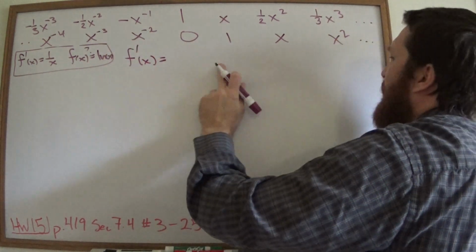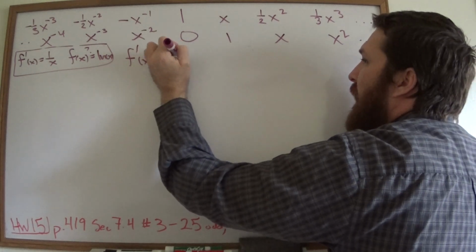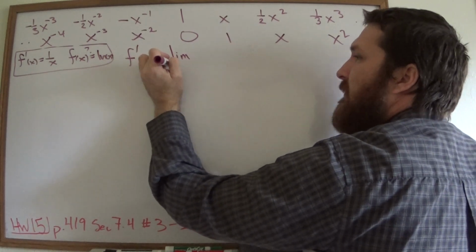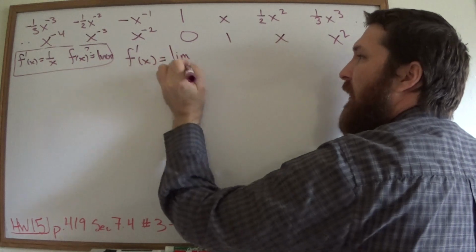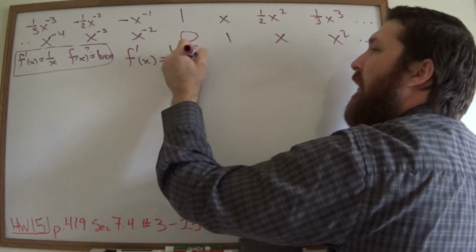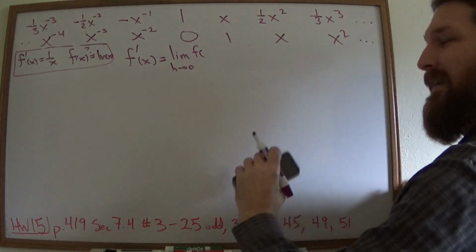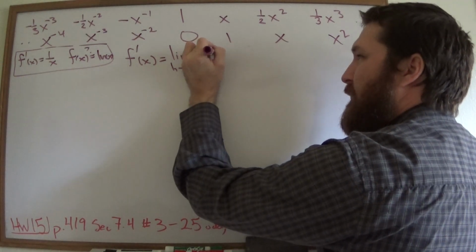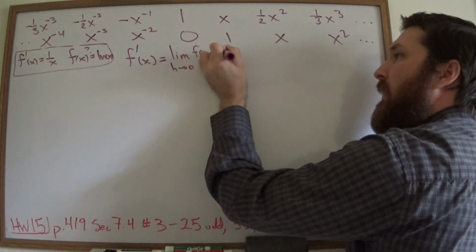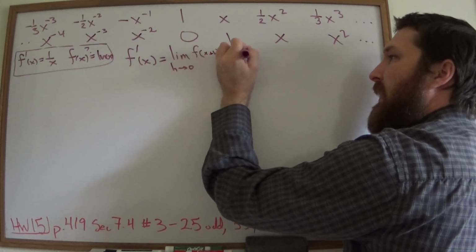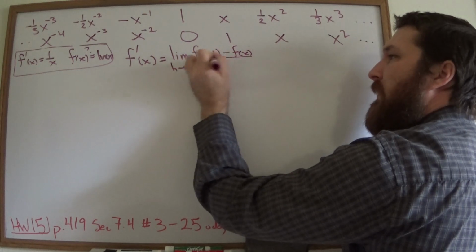By definition, f prime is the limit as h goes to 0 of f of x plus h minus f of x, all over h.